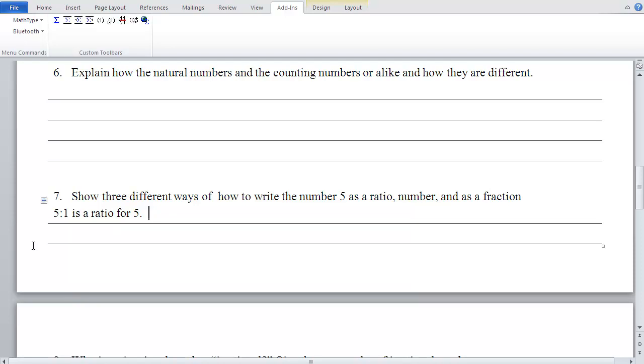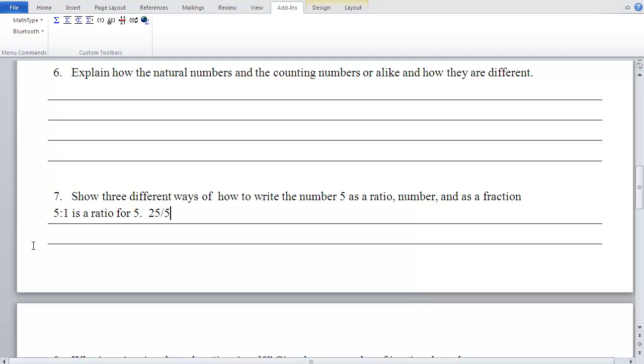Okay, so let's write it as a number. It can really be any number. We can write it as 25 divided by 5, 50 divided by 10. I know it's a fraction, but it's also just a general number. We could also write it as 5.00000. We could do it that way. You can do it a number of ways. So it's just a different way to write 5. So I'm going to use 25 divided by 5.